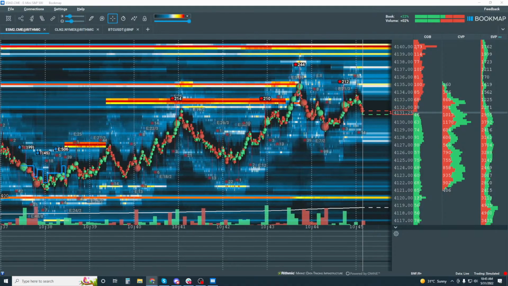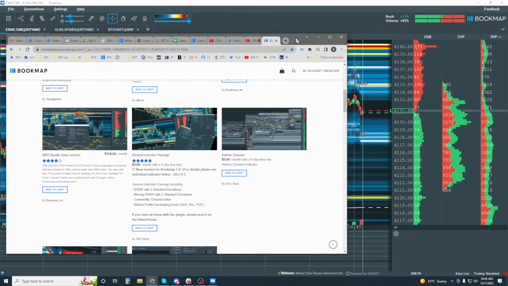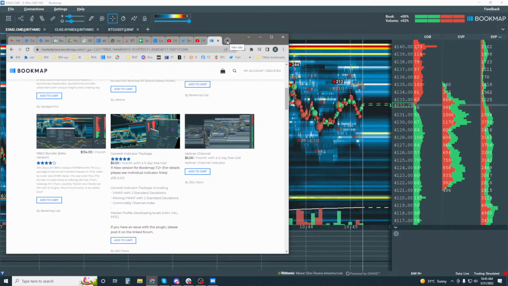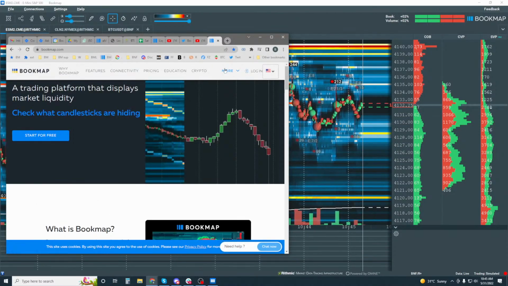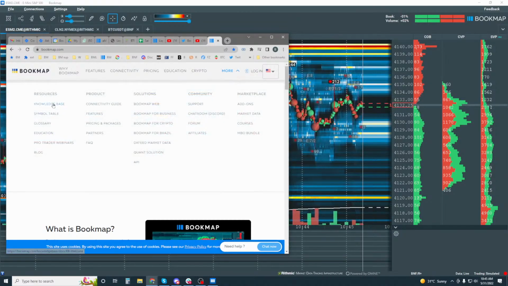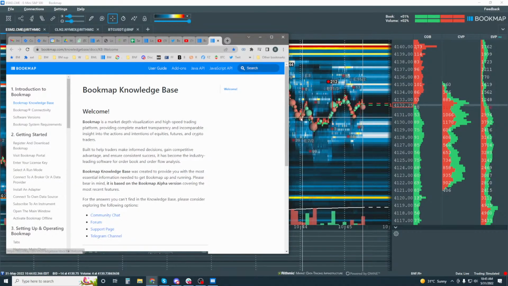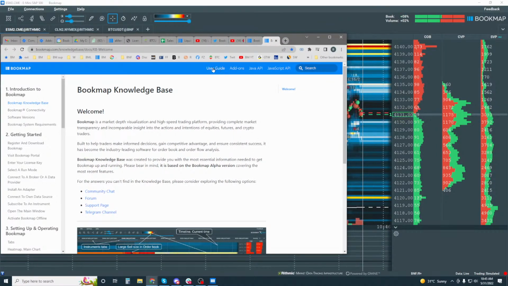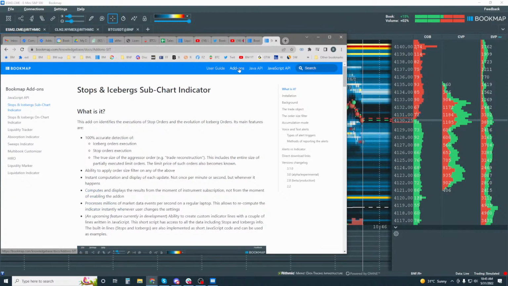All right, so if you already have stops and icebergs, how do you find it? Go to bookmap.com, go to the more button here, and then go to our knowledge base. In our knowledge base, this is where you'll find everything. This is the go-to for basically anything. Right now you're in the Bookmap user guide section. We want to be in the add-ons section, so click on that, and you can see all the add-ons here on the left side. Click on stops and icebergs subchart right here.